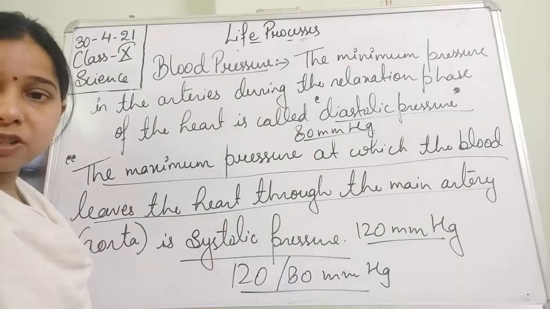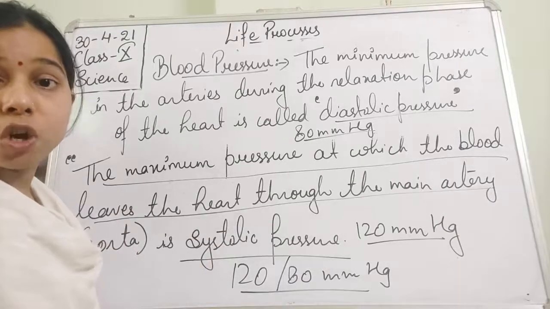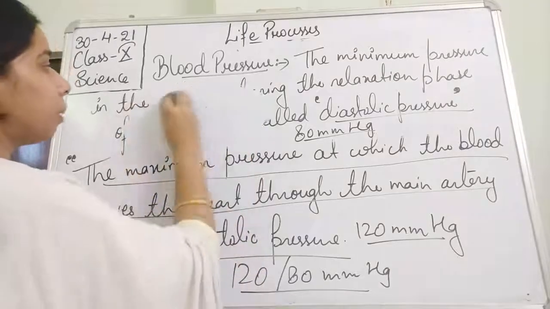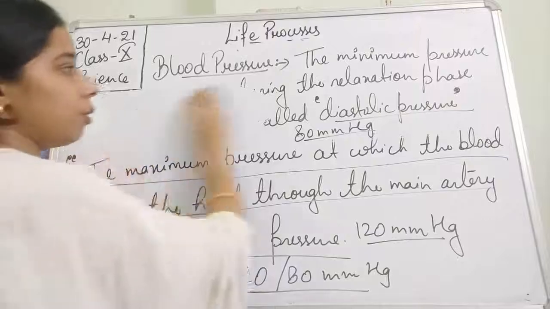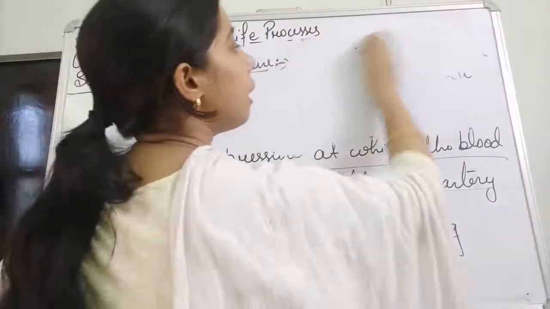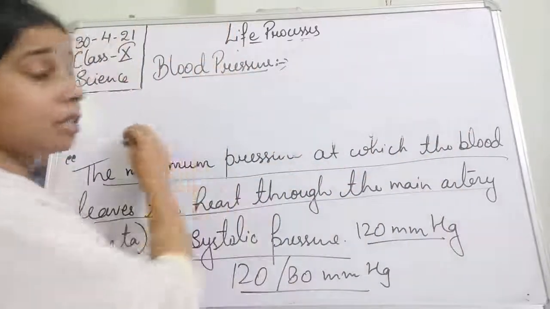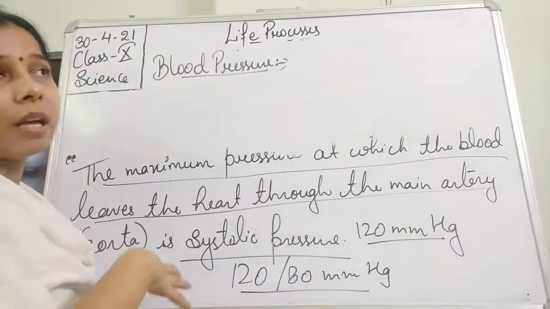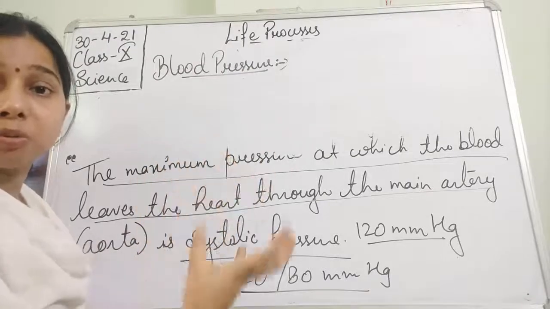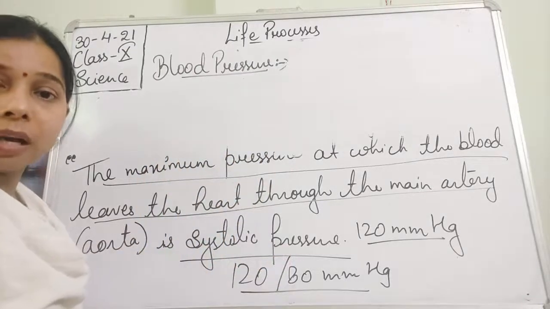High blood pressure causes hypertension, and this is quite dangerous for a person who has a sugar issue or a heart problem. What happens when the pressure increases? If the pressure increases a lot, it can cause the capillaries to burst and blood starts coming out of them.